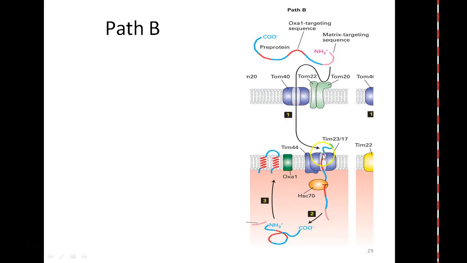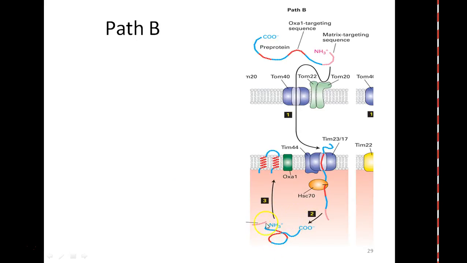In this scenario, the entire peptide will first be imported into the matrix. So the whole thing will be imported. This pink signaling sequence is cleaved, as you can see here. So we end up with an unstructured, unfolded protein that has two non-cleavable sequences present.